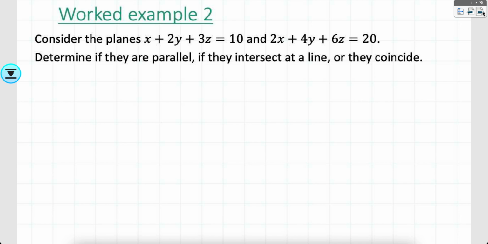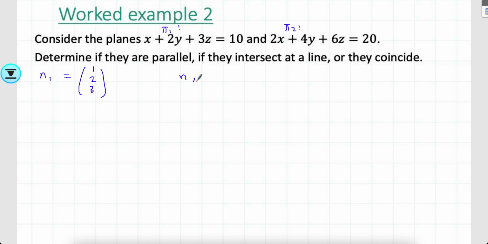All right, one more example on this. So if I have 2 planes, I need to determine if they're parallel, if they intersect at a line, or they coincide. So the easiest thing to do is first check that they are parallel. Let's name them plane 1 and plane 2. So the normal for plane 1 is just 1, 2, and 3.